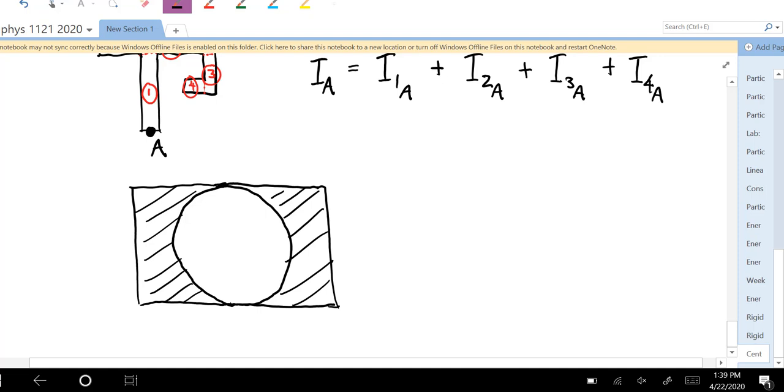You could calculate the moment of inertia of this by calculating the moment of inertia for the big rectangle and then subtracting the moment of inertia for the circle.